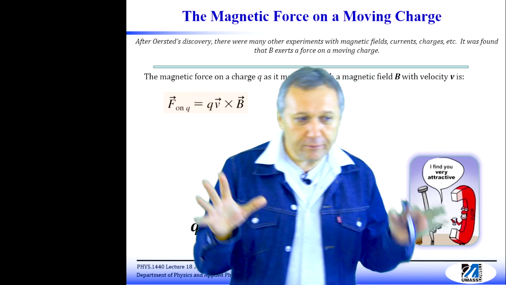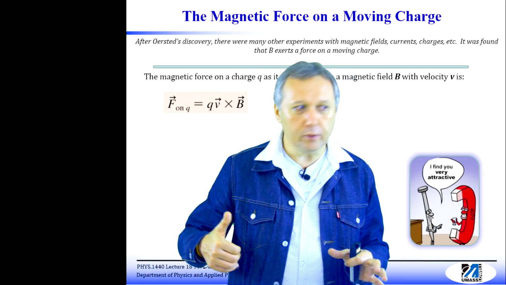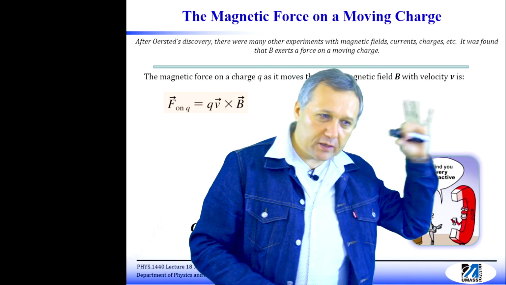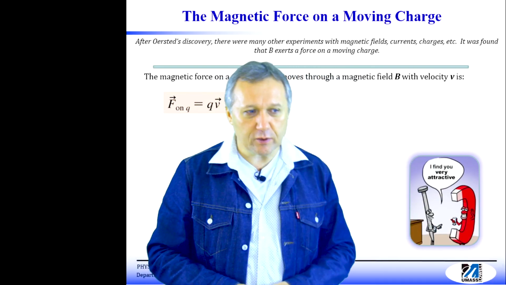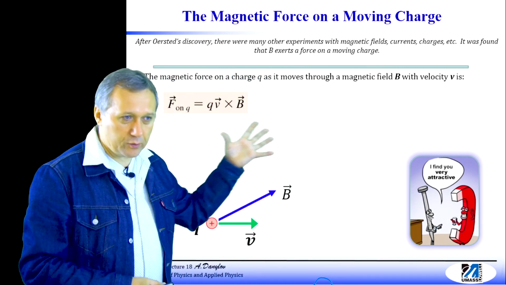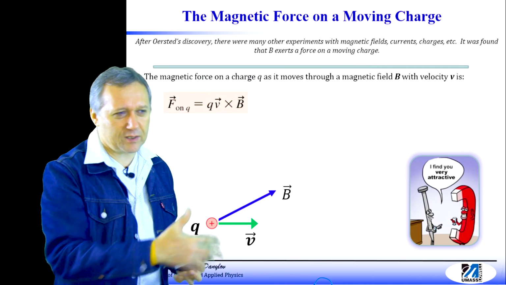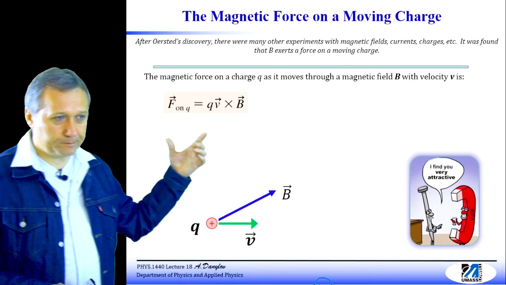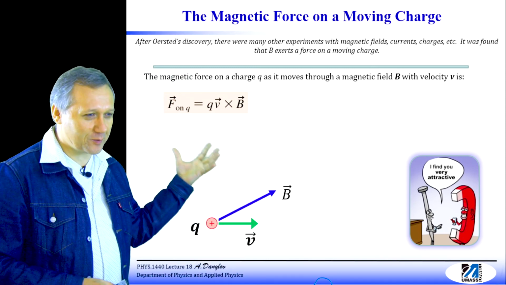So guys, if you are not comfortable finding the correct direction with the right-hand rule, we can talk after class. You can come to my office hours, or send me an email. We can meet outside of office hours. But you must be very comfortable. And plus, it's so simple, just a little bit of mechanics of your right hand. Don't wait. Sooner or later, you will have to learn how to use the right-hand rule.